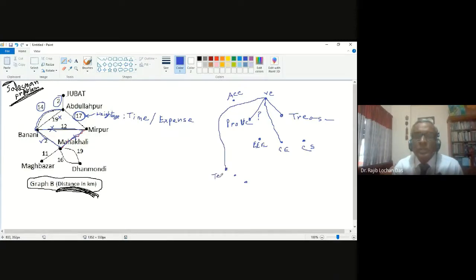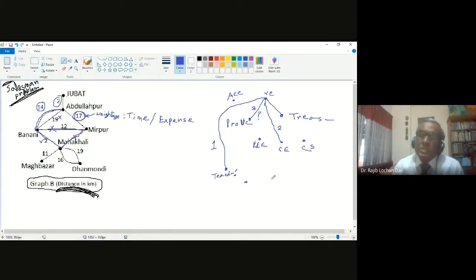So definitely you can understand, no, it is not all the same. Which one will be more important? Maybe the teacher will be one category, maybe the computer science head will be two, a little higher level, and then Pro VC will be three, a little higher level. You understand what I'm saying?